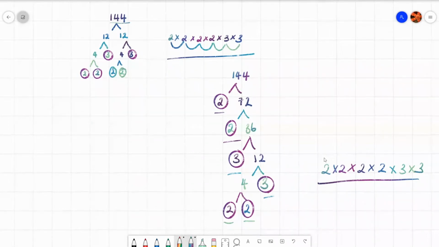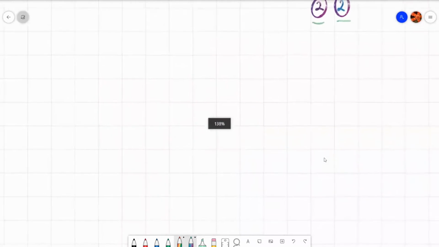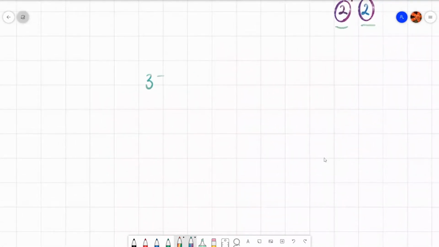Okay, let's have a look at one final example. Let's try a different number this time, an easier one, 35.